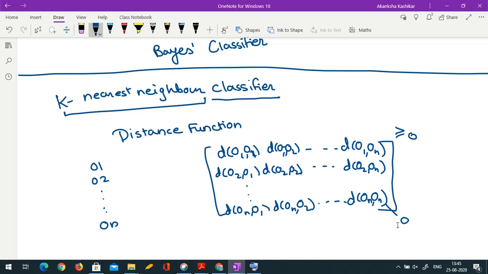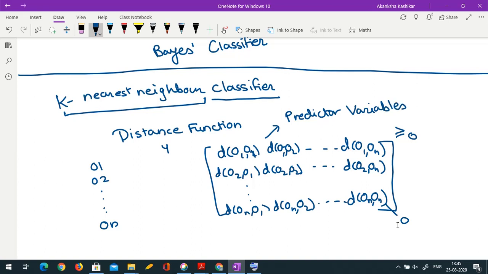So now let us focus only on O1. In each observation I am going to have a response variable. While computing the distance, we are not going to use the response variable. So this distance is based only on the predictor variables. You have to remember this.